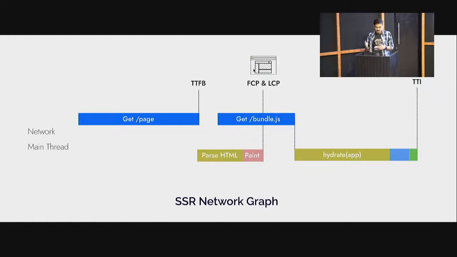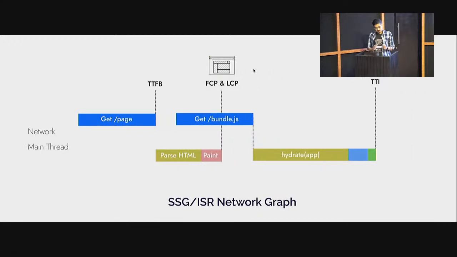Since the HTML and the JSON etc. are cached, whenever a user requests the page, they get the HTML immediately. So with SSG and ISR, the time to first byte reduces significantly. That's the one benefit of these techniques, and that's why Next.js became so popular.